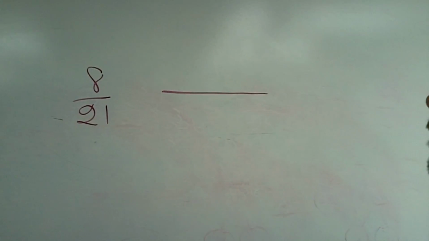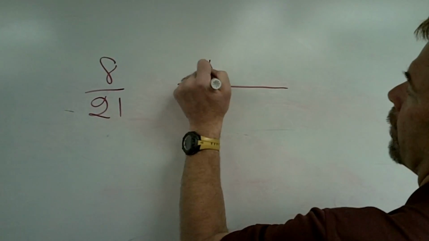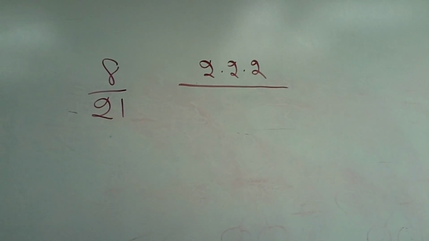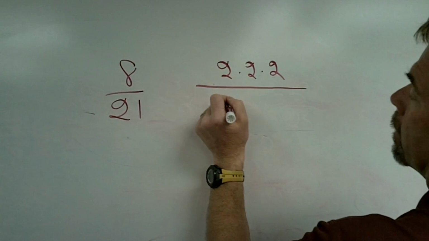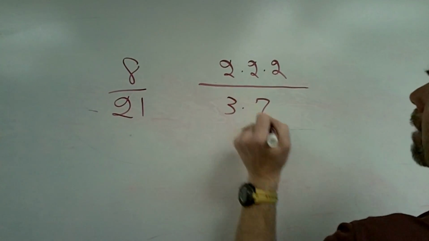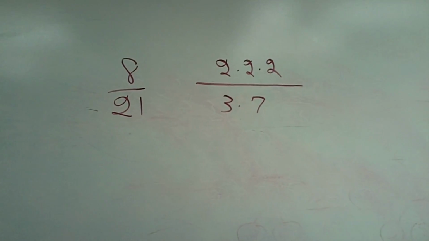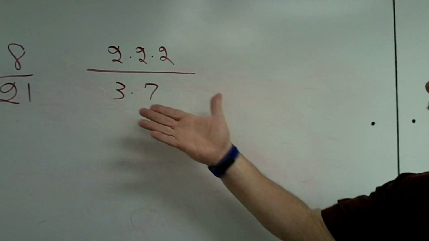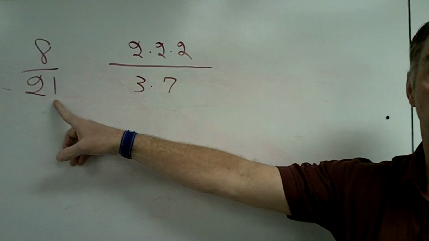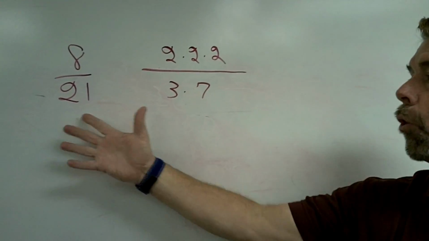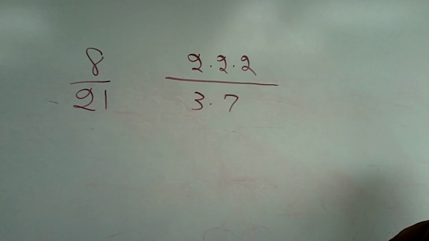Okay? Let's factor out the 8. If you did it, you factored out the 8 as 2 times 2 times 2. And the 21, 3 times 7. I have nothing to cancel out. Okay, so this is in its lowest terms. So if you can't cancel anything out, you know you've reached lowest terms.